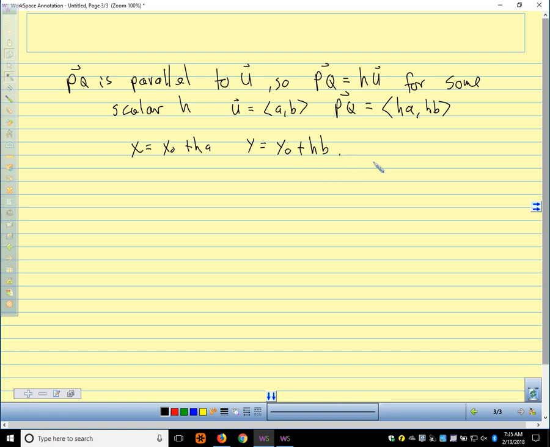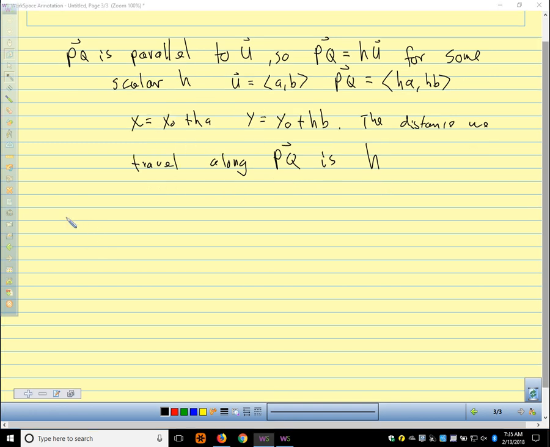And the distance we travel along PQ is h. That's our arc length. That scalar multiple tells us how far we've moved in that direction.